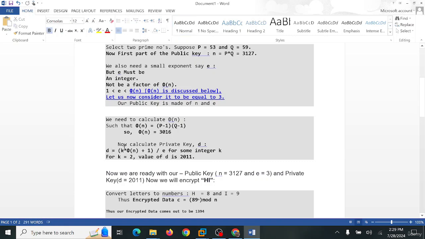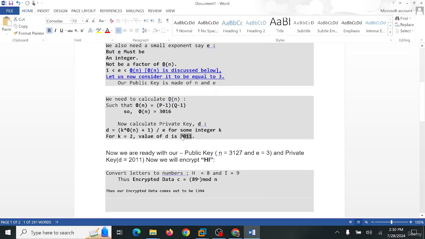Now d can be computed by computing this k. k can be any value, which is just used for the forward substitution. And phi n is the totient coefficient that we calculated, divided by e, which is our integer or exponent. Using this we find the private key.